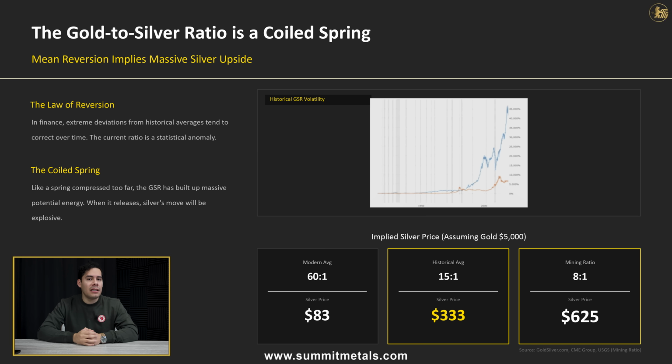This reversion is statistically probable. The only question is, how great of a revaluation will it unfold to? We're not explicitly stating that silver will reach these numbers. We're simply stating that using the ratio, it implies these numbers in a statistical model.